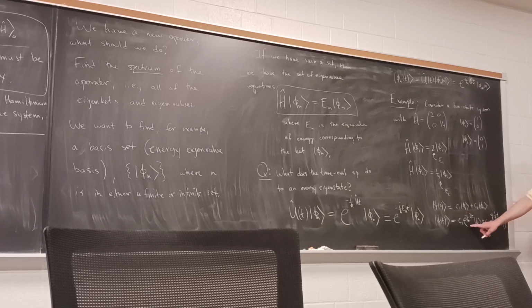So now what you'll notice here is that the magnitude of these exponentials, anytime you have an exponential with an i in it, is always 1. But it's a cosine and a sine if you write it out.